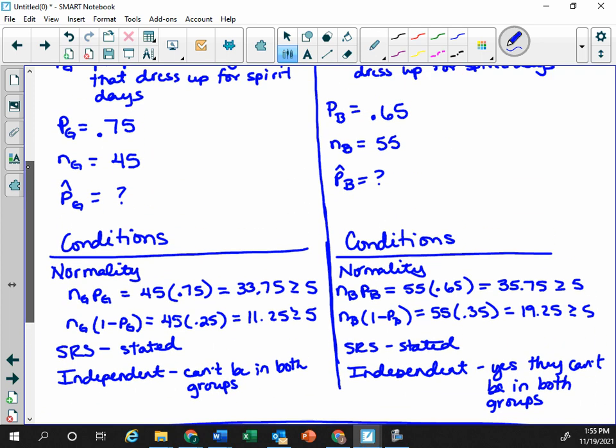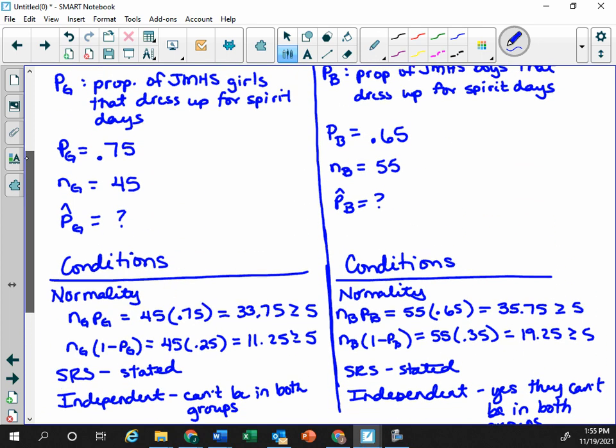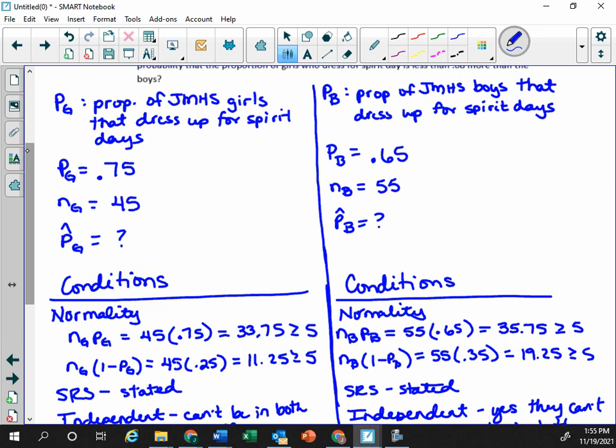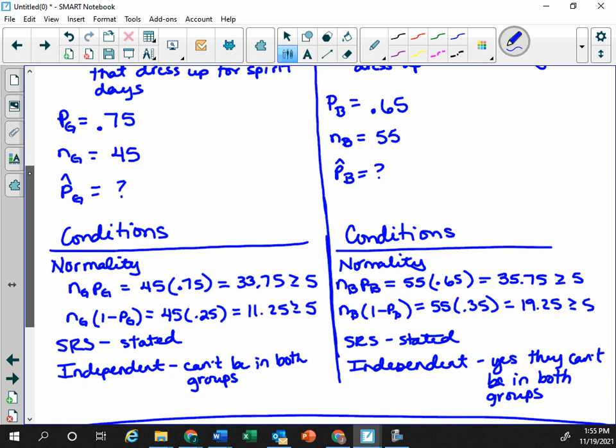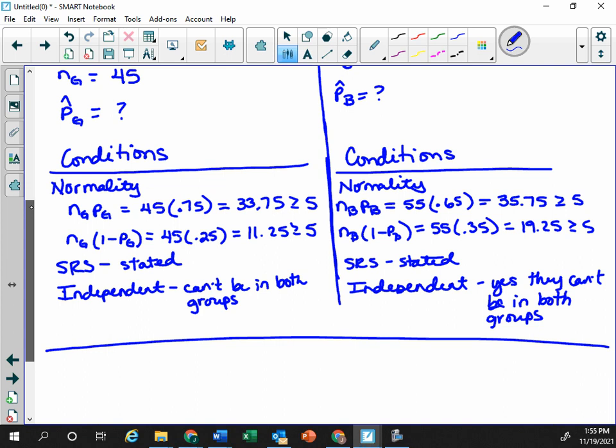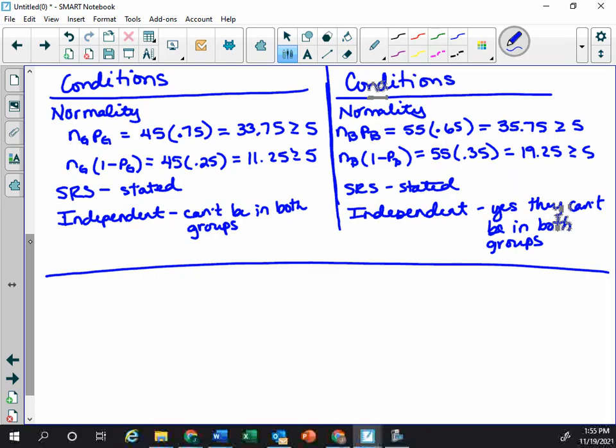Okay, so you've got all of that stuff that really has nothing to do with the actual calculation of the problem, but you have to show it on your free response, okay? Any questions over the conditions or defining it? It's not really much new. It's the same process. You just get to do it twice in one problem. I can tell you guys are very excited about doing all of that twice in one problem. Try to rein it in a little.